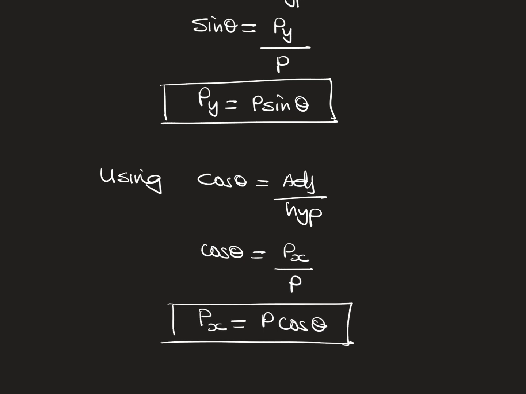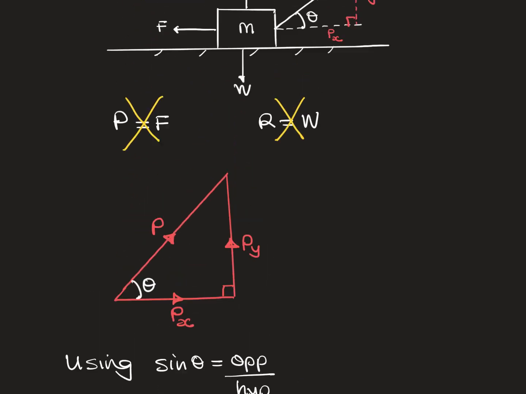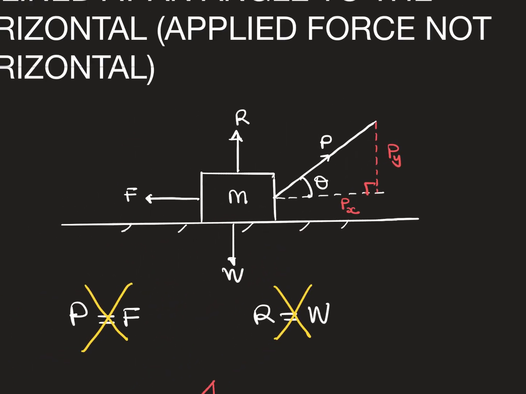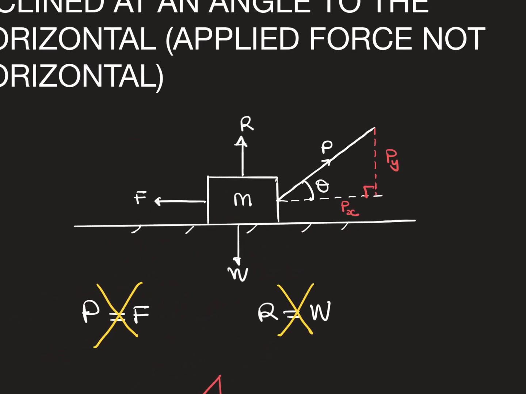So that is the horizontal component of the applied force P. Because I now know these components, I can go back to the diagram and say Px is equal to P cos theta and Py is equal to P sine theta.